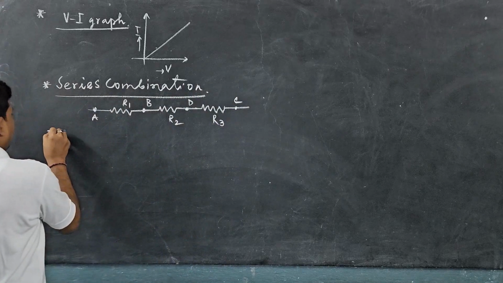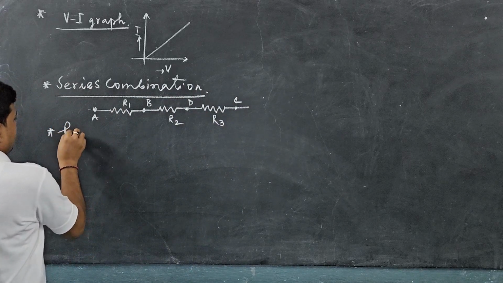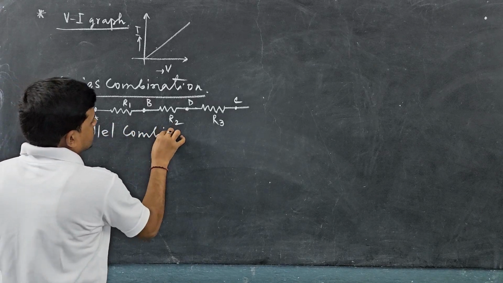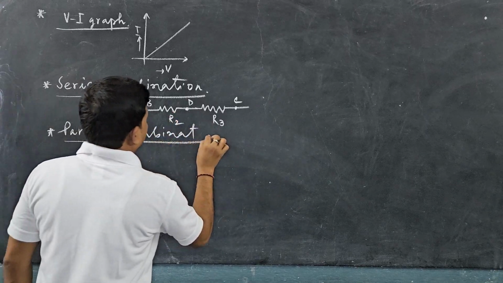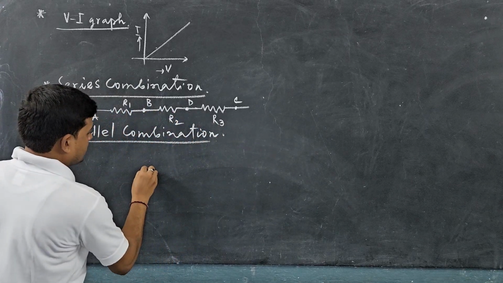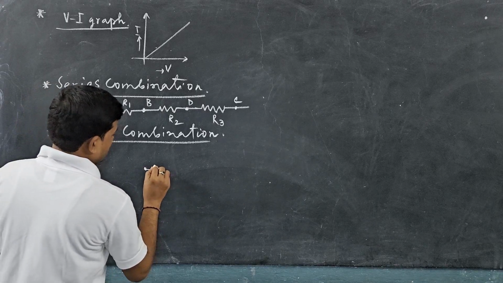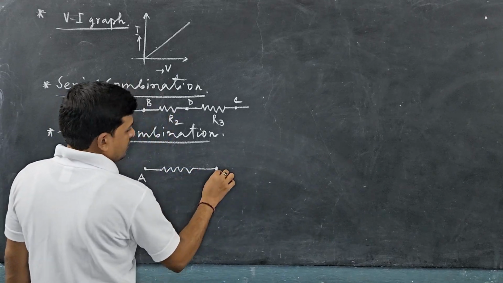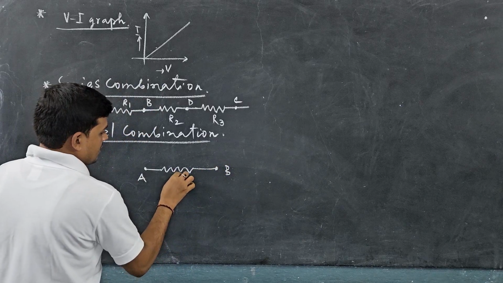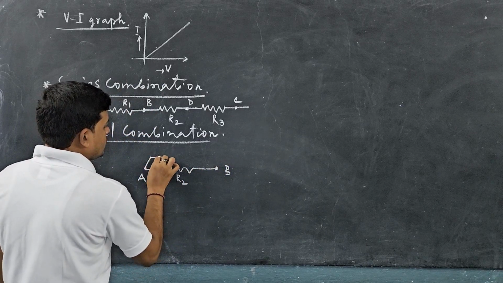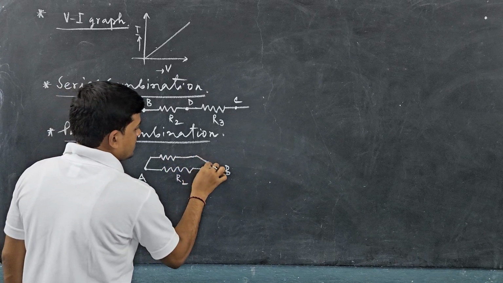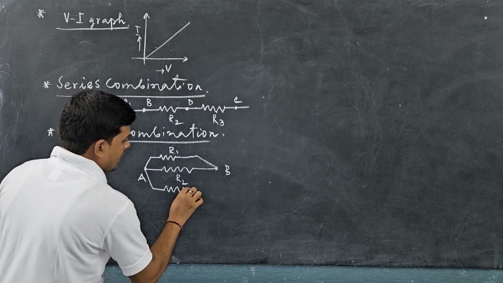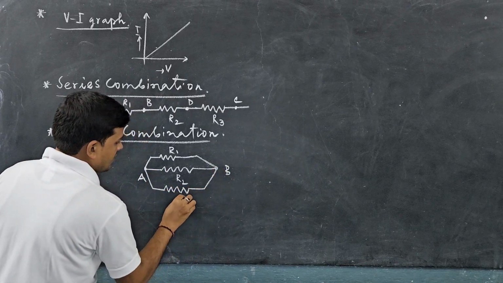Another combination is here, where the electric circuit components are connected across two fixed points. This is the parallel combination. They are connected across two fixed points. Let one point be A and another fixed point be B. This is the R2 resistor, this is the R1 resistor, and another resistor R3.